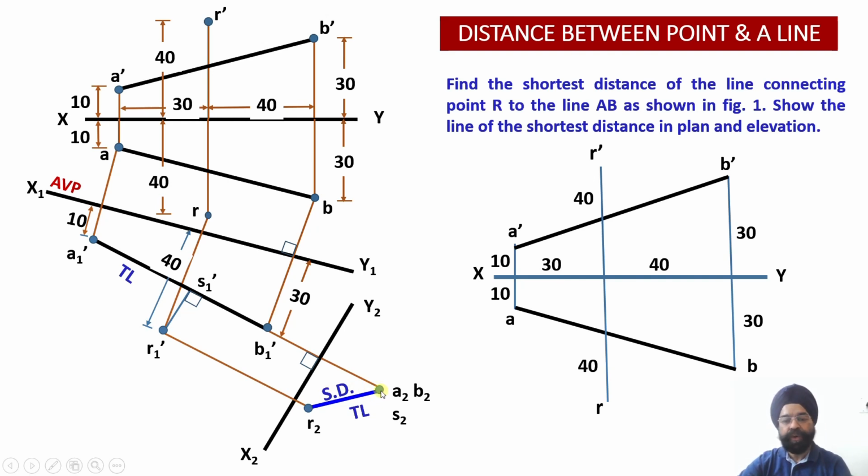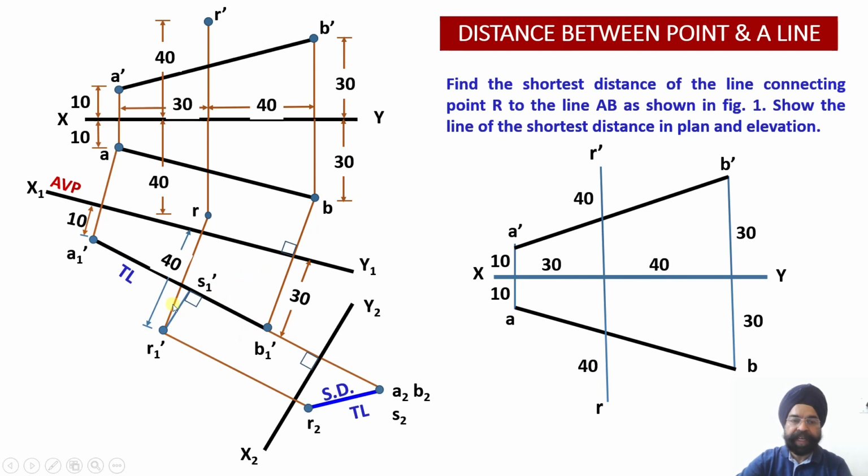Either way, we have proved that this is the true length of the shortest distance between point R and the true length of the line A1 dash B1 dash, because both of these points have been reduced to the point view, since we took this auxiliary plane perpendicular to the true length.